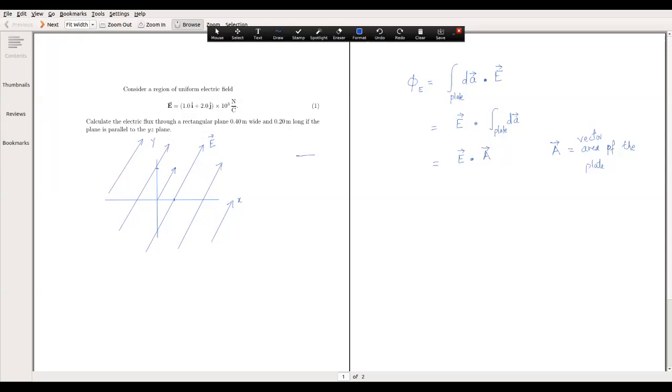So we have X direction here, Y direction in the vertical direction. Z will be coming out of the page. Remember, Z has to be equal to X crossed with Y. So the right hand rule gives us that Z has to be coming out of the page. So that's the direction of Z.